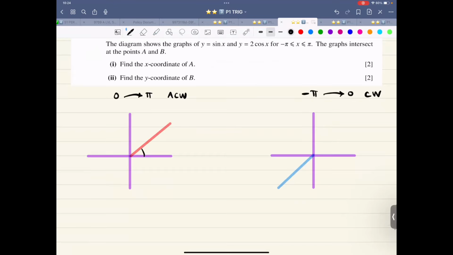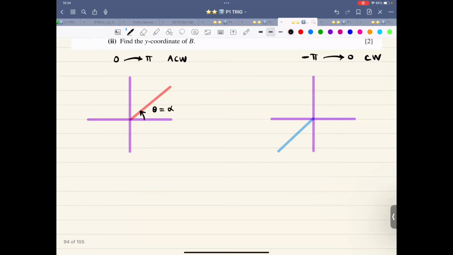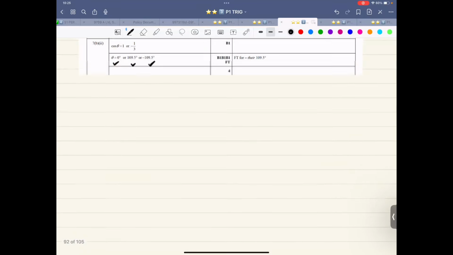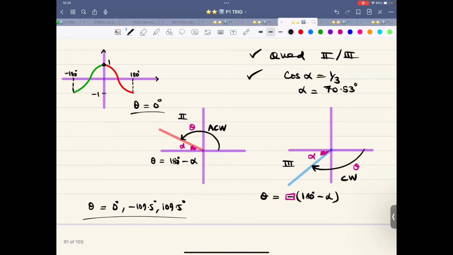Over here, theta equals alpha. Over here, we are going this way. That is a reflection of this quadrant. Just like this was a reflection, this one got reflected over here. So the second quadrant is like the third quadrant.